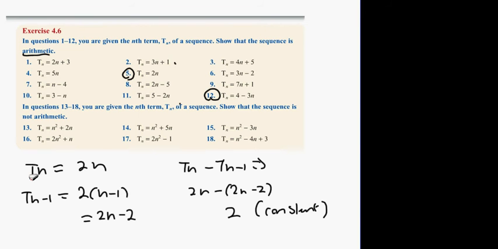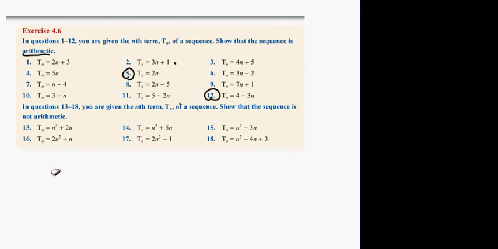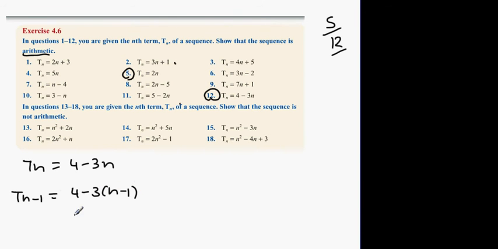Now we go down to number 12. So we've done 5. Now we're going to do number 12. Tn is 4 minus 3n. So we're going to go Tn minus 1. It's going to be 4 minus 3 times n minus 1, which is 4 minus 3n plus 3, which is 7 minus 3n.